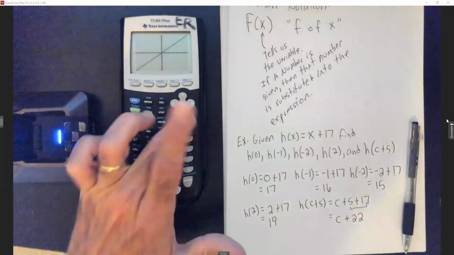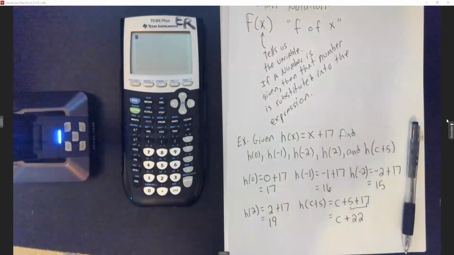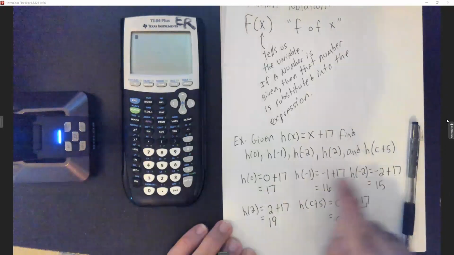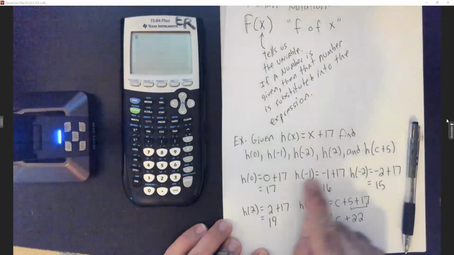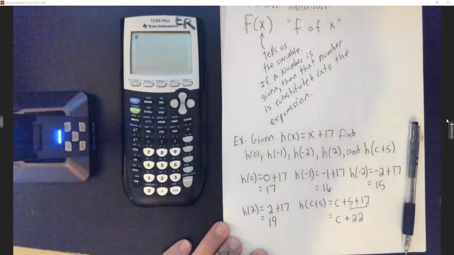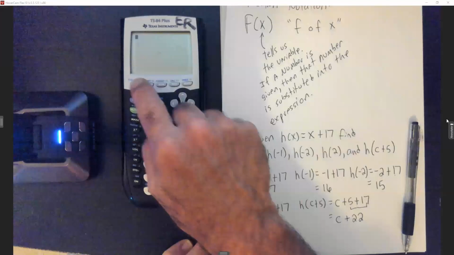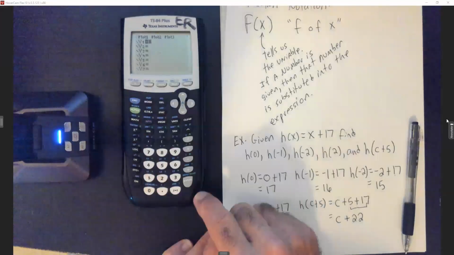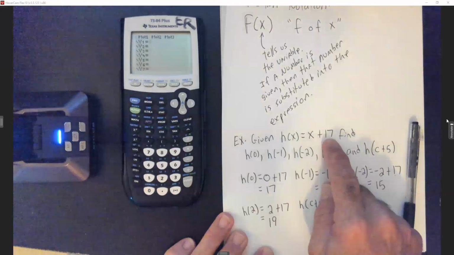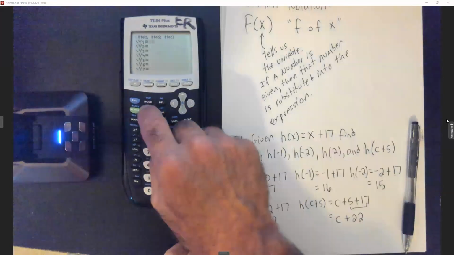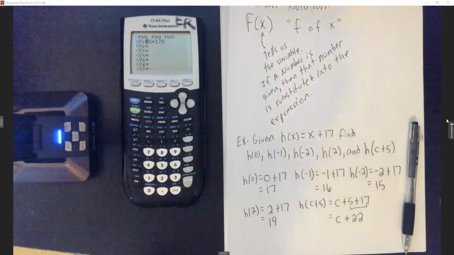Now y'all want to see something cool? The 4 of these that had numbers, I can do on the calculator. The one with the c, I really can't do on the calculator, what I'm about to show you. But y'all watch this. I'm going to go to y equals. I'm going to clear that out, and I'm going to put in x plus 17. Now, I'm not even worried about graphing it.